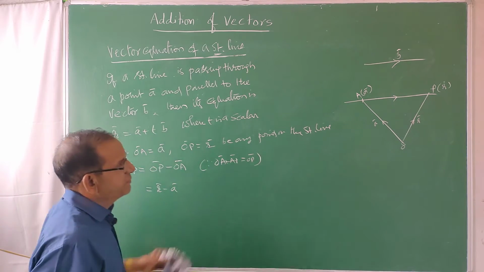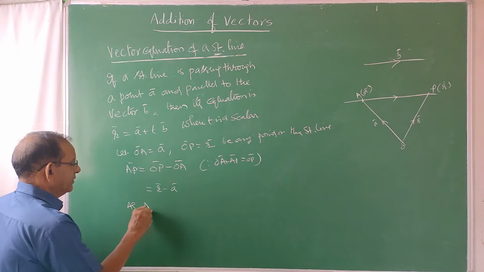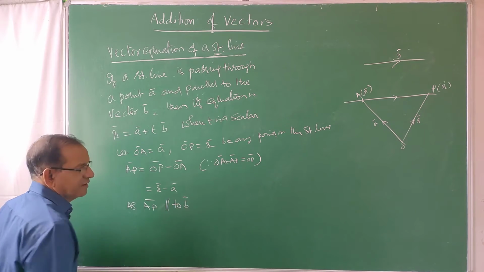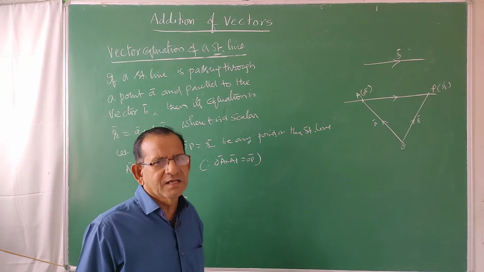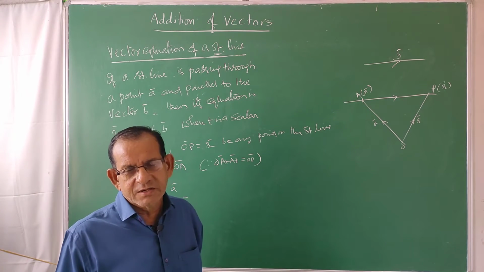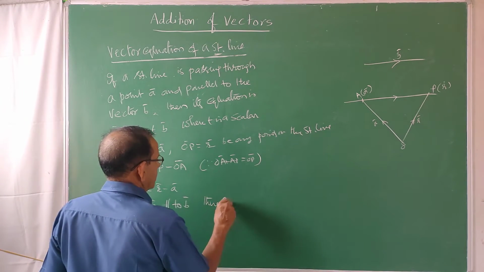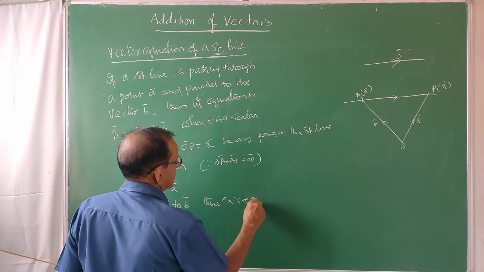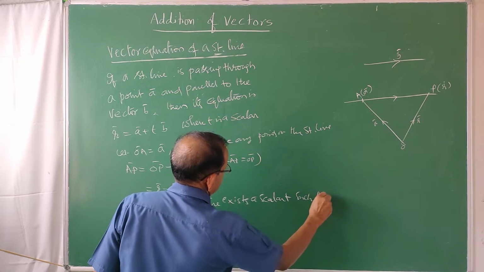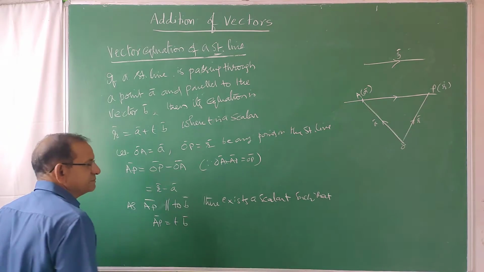And this AP bar is parallel to B bar, another vector. As AP bar is parallel to B bar, whenever 2 vectors are parallel, there exists a lambda or mu or t, anything, such that one vector is equal to that constant into the other vector. There exists a scalar t such that AP bar is equal to t into B bar.